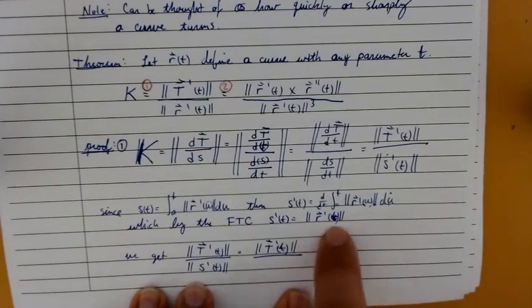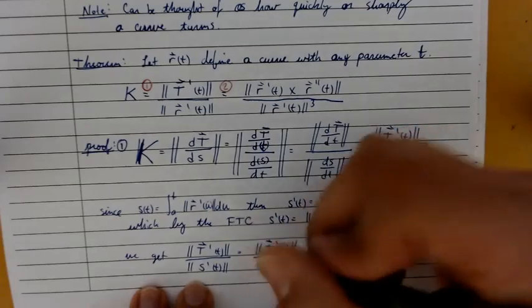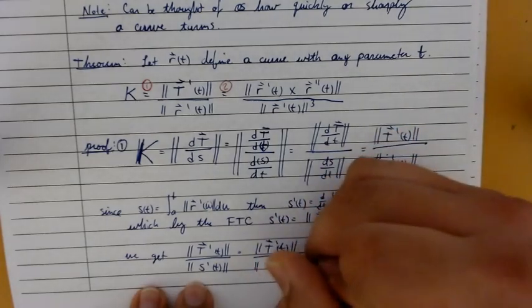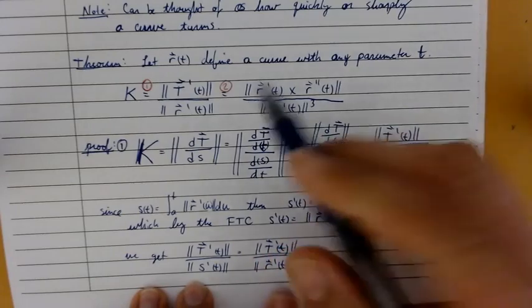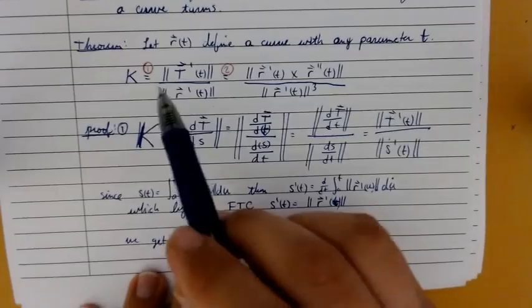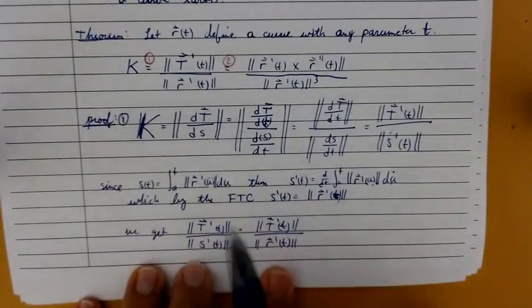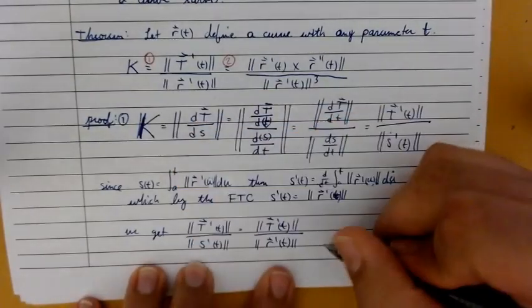Oh, but that's already a magnitude. So what's the magnitude of a magnitude? That's like saying the absolute value of an absolute value. It's the same thing. So here that's the magnitude of r prime of t, which is that first equation. So this confirms part 1.